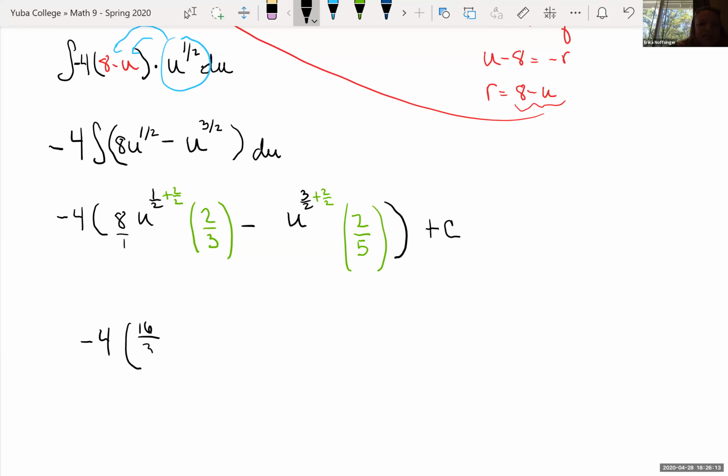So this is 16/3 u to the 3/2. Minus, nothing cancels here, so let's put the 2/5 in front, u to the 5/2, plus c.